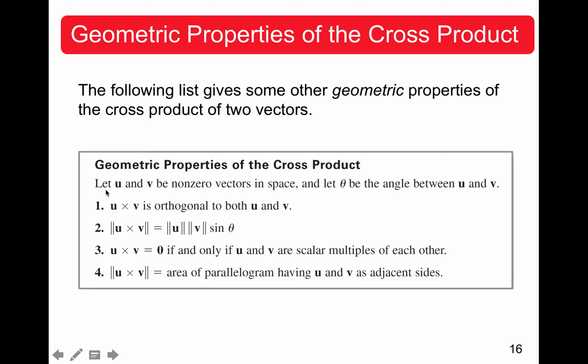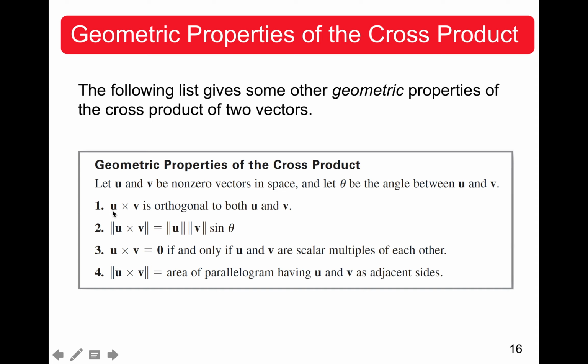Okay, so some other geometric properties. If u and v are non-zero vectors and theta is the angle between u and v, u cross v is orthogonal. Remember, orthogonal means at a right angle, at a 90-degree angle, to both u and v. And we'll look at a picture of that in an upcoming slide.